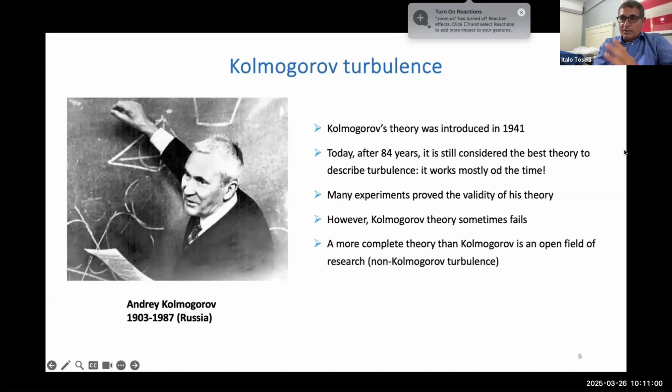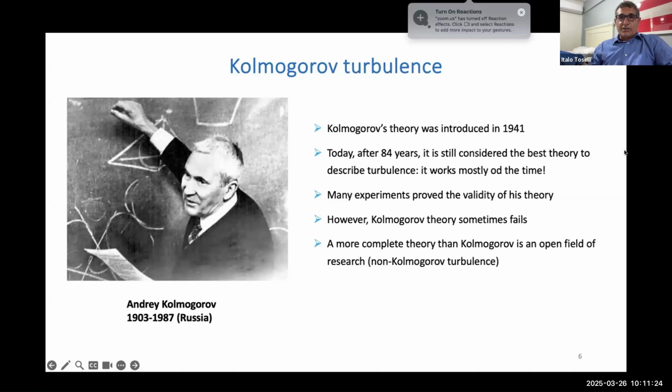Most of the time it works. And Kolmogorov was so smart that he was able to understand that, in the inertial range, you will see what the inertial range is, the power law of the refractive index fluctuation is -11/3. This is a magic number, a magic slope that most of the time works in the inertial range.